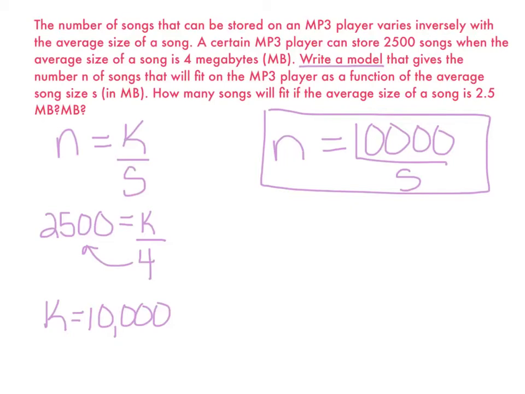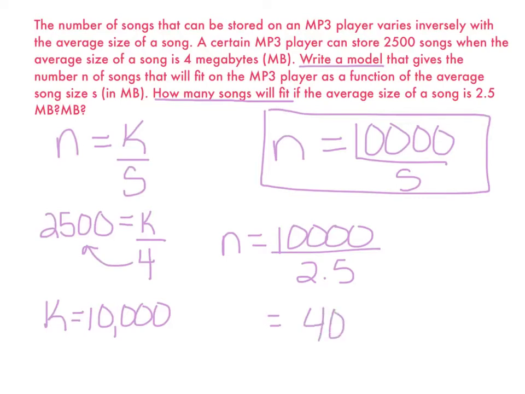Alright, so then it says how many songs will fit if the average size of a song is 2.5 megabytes. So now we just say the number of songs would be 10,000 divided by 2.5. And when you punch that in your calculator, you're going to get 4,000 songs.